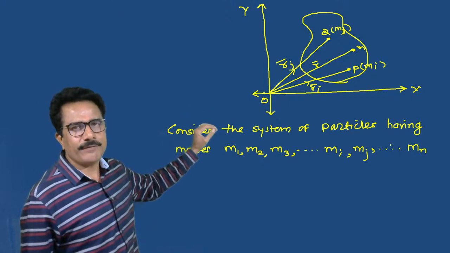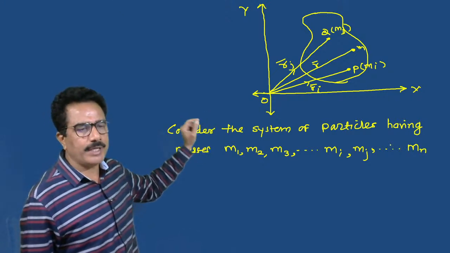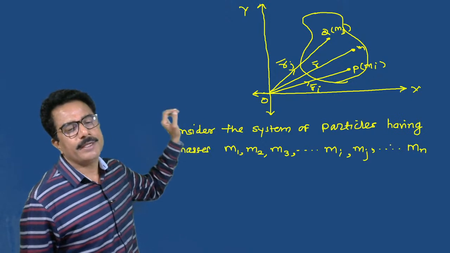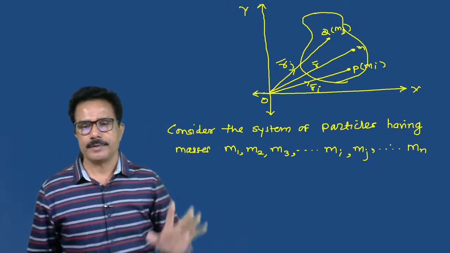The masses of the particles are m1, m2, m3, up to mi, mj, mn.